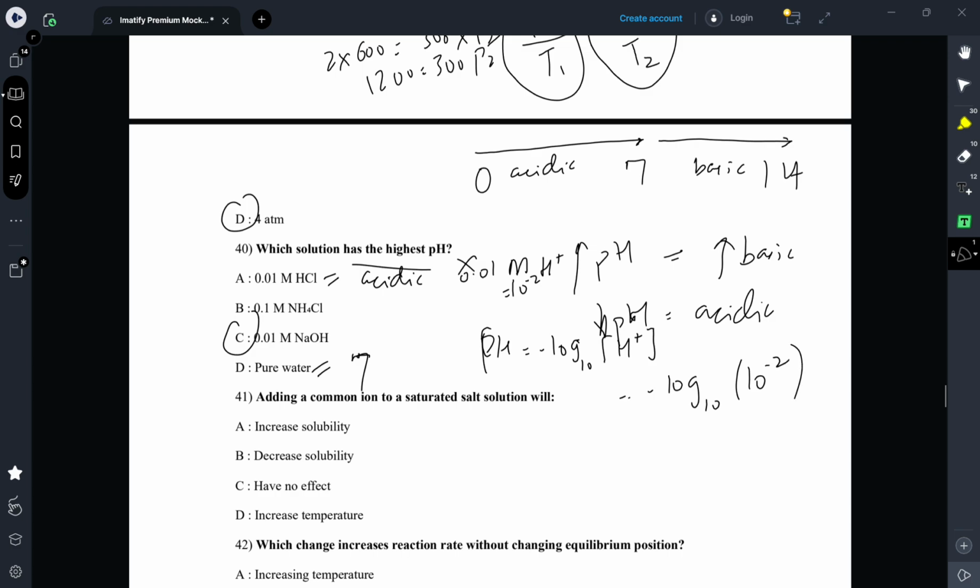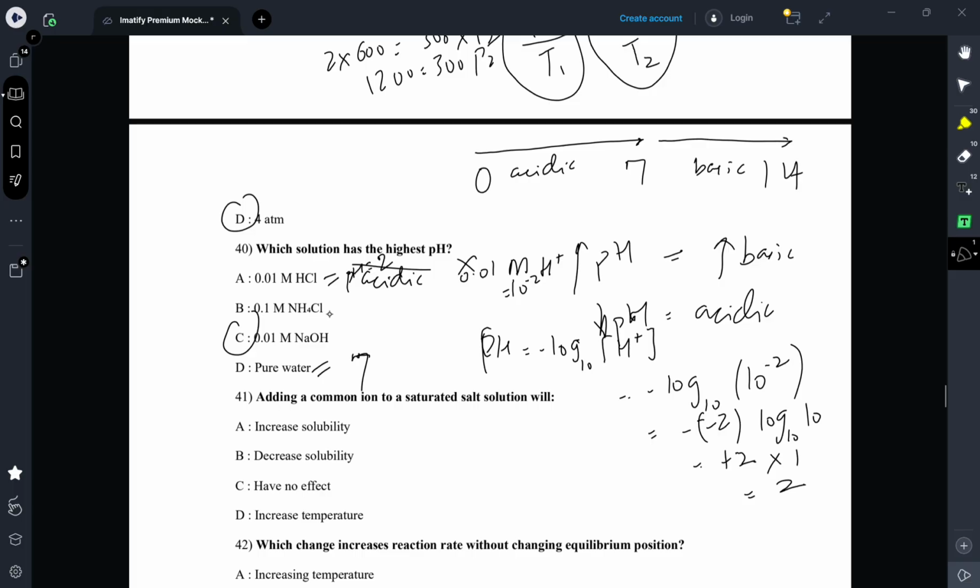In maths, you will learn about logarithms. So this will just become minus 2 times log 10 of 10. This becomes positive, and log 10 of 10 is 1. So this is just 2, pH 2. So the pH is 2 here.